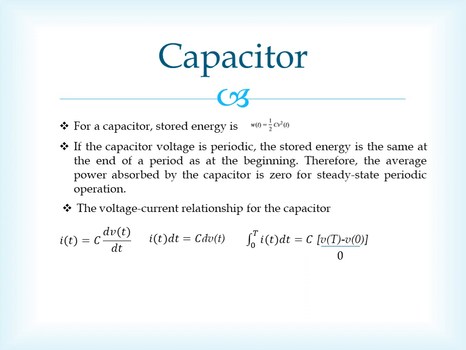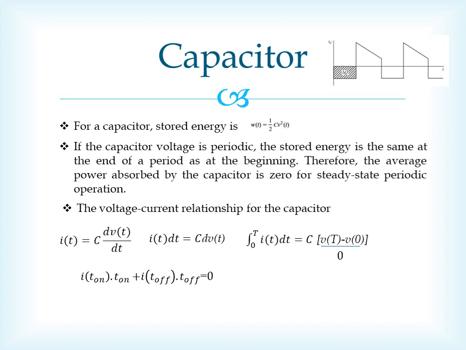So the average current input to the capacitor is 0, right? We can also write this as the value of capacitor current for on time multiplied by the duration of on time plus the value of current for off time multiplied by the duration of off time will be 0. This is popularly known as current time balance in a capacitor.